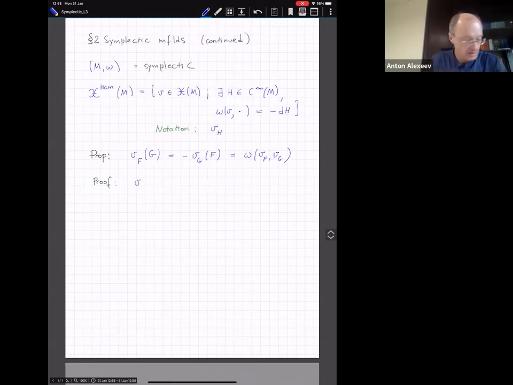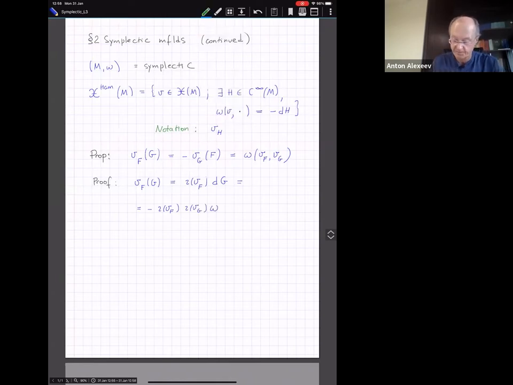So V_f of g, what is it by definition? Right, this is the contraction of V_f acting on the differential of g. So this is more or less a definition of how V acts on g, and this is equal to, and here I'm using the definition of a Hamiltonian vector field, minus iota of V_f, and here iota of V_g of omega.